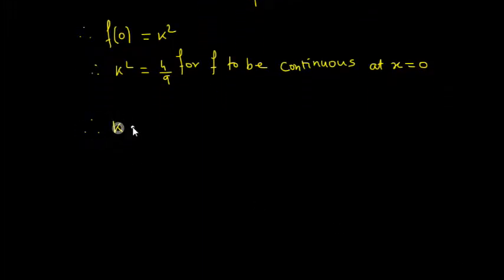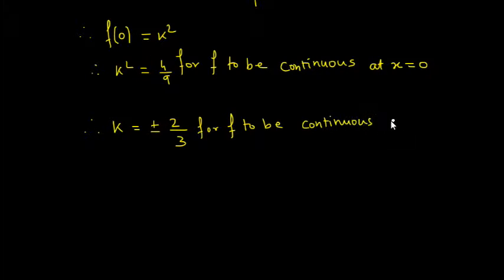Therefore, k is equal to plus or minus 2 by 3 for f to be continuous at x is equal to 0.